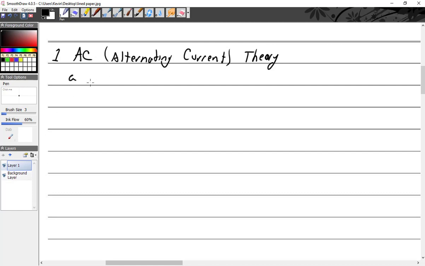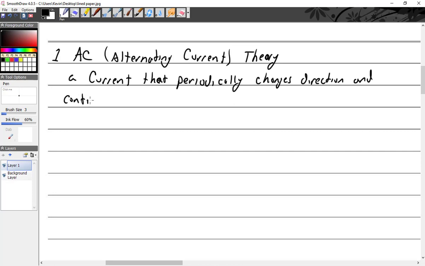It is a current that periodically changes direction and continuously changes in amplitude.